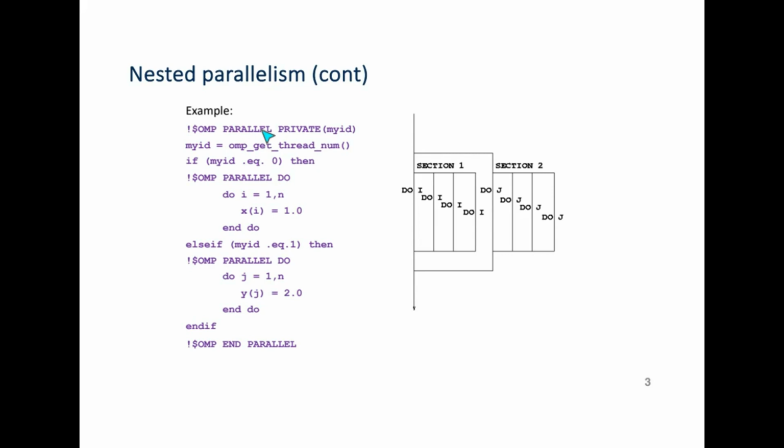We could create an outer parallel region and arrange for it to contain 2 threads, and then depending on the thread number, go into this loop and create a new team of 4 threads to execute this loop in parallel. Otherwise, if the thread ID is 1 at the top level, create another team of 4 threads to execute the J loop in parallel.